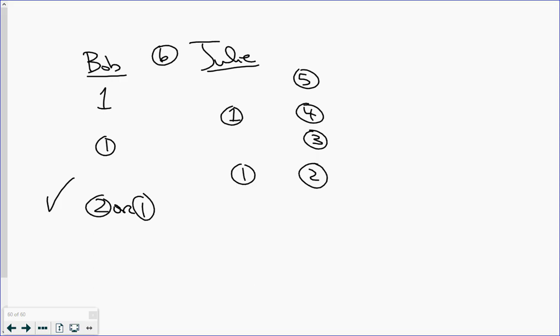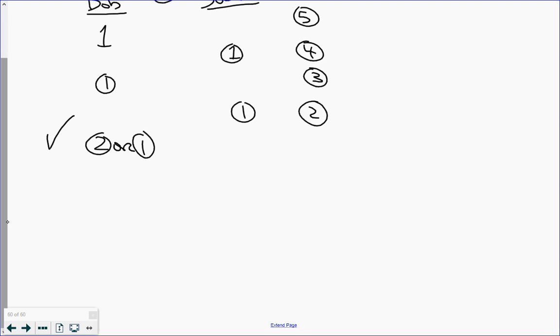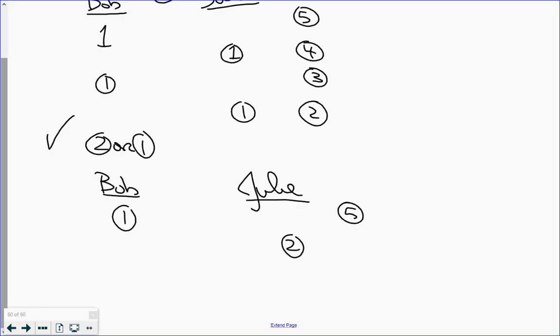So that's one option. What you have to do here is play the different odds, going back and forth. So what if Bob took 1 again, so it's now down to 5. Let's say Julie now took 2, which would be down to 3.